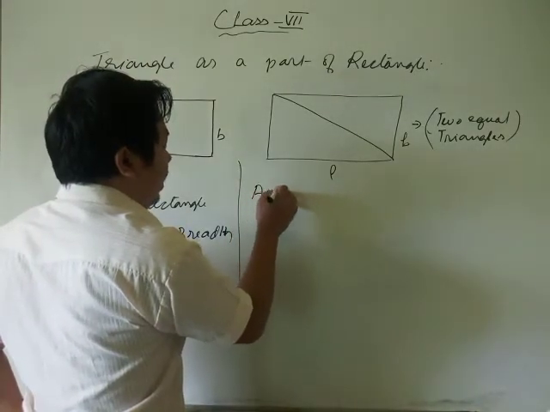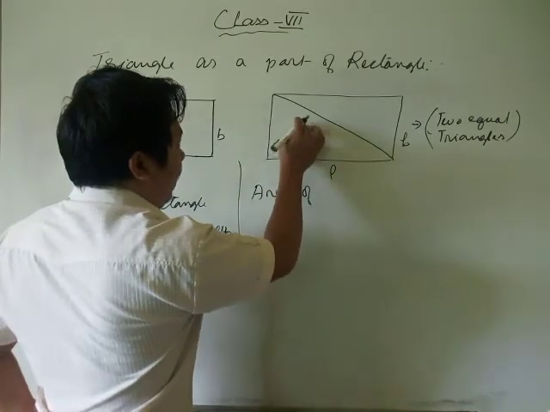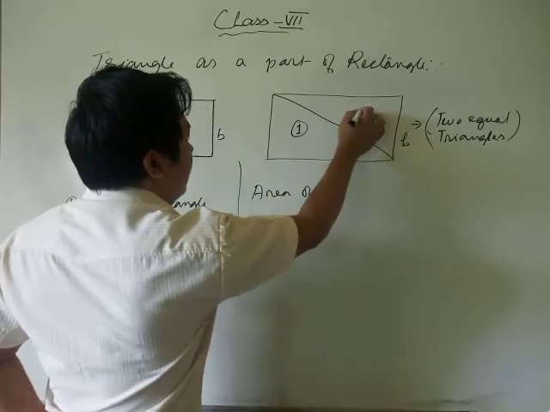So what happened? Area of a triangle: here is the first triangle, and this is the second triangle.